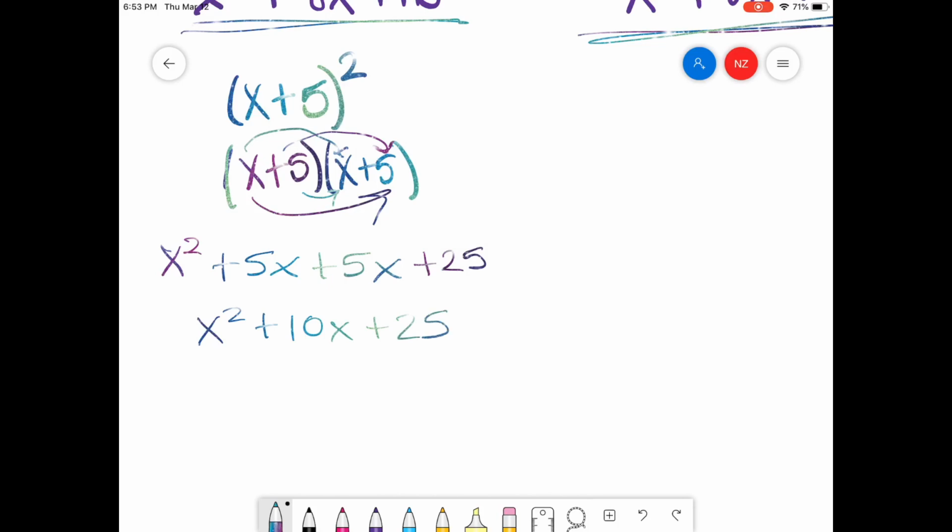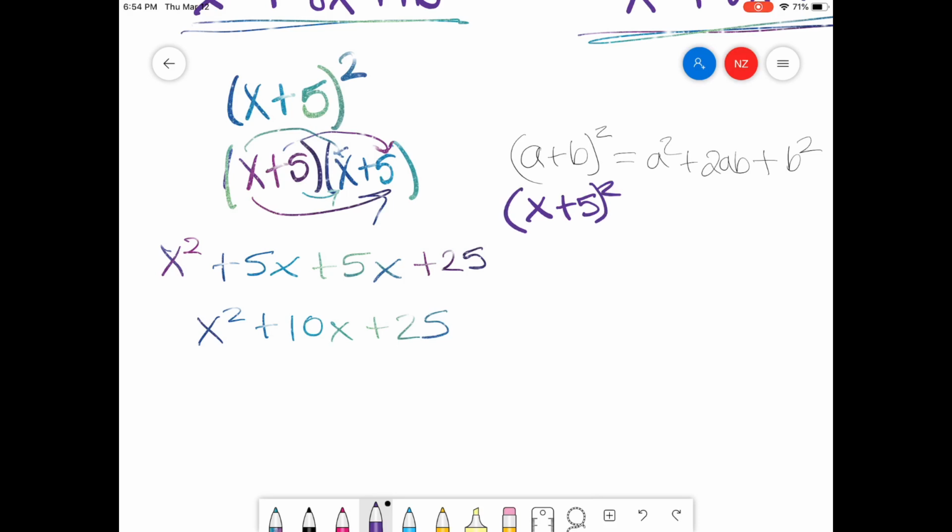Now, if I think about this in terms of the perfect square trinomial, I know that the rule for anything that resembles a plus b squared is equal to a squared plus 2ab plus b squared. If I fill this in as a and b, I know that a is going to be x and b is going to be 5. You see how they're in their place.